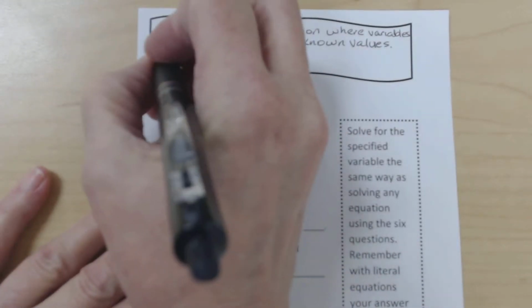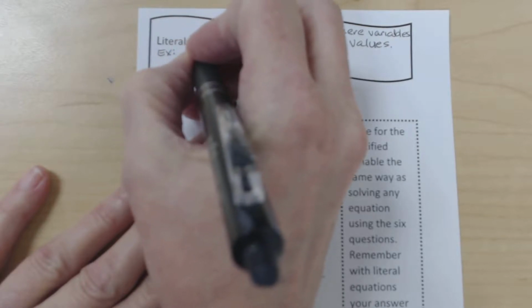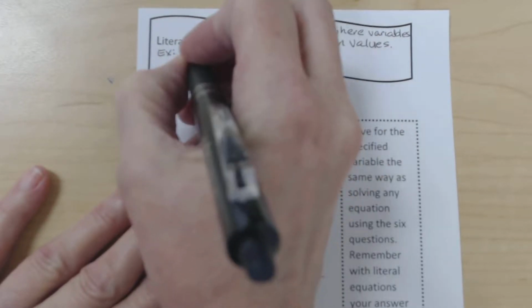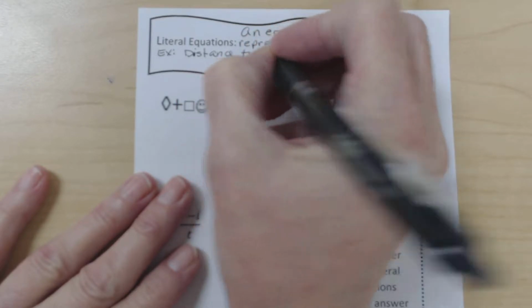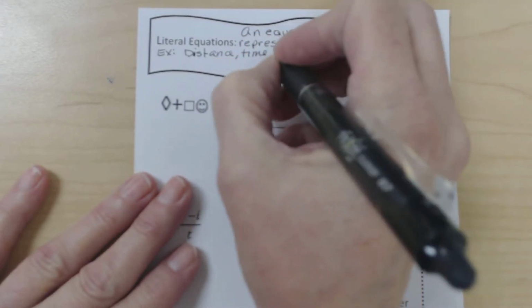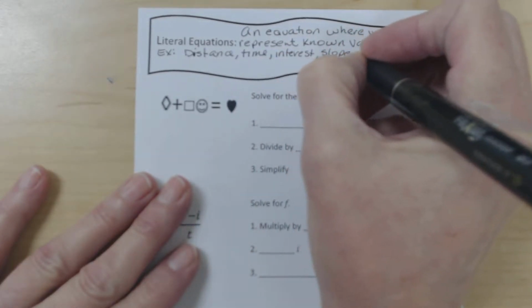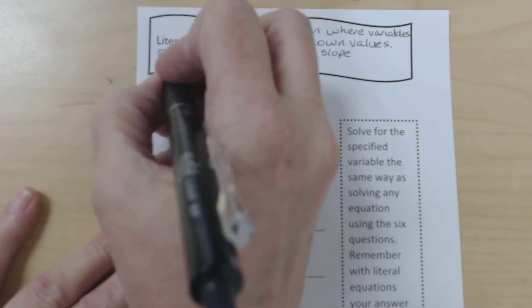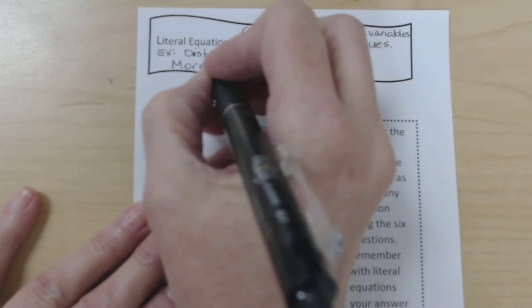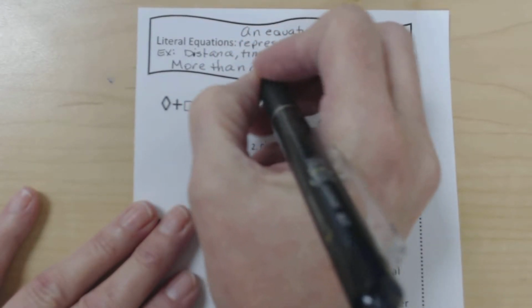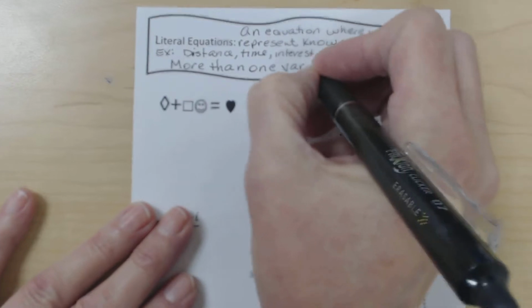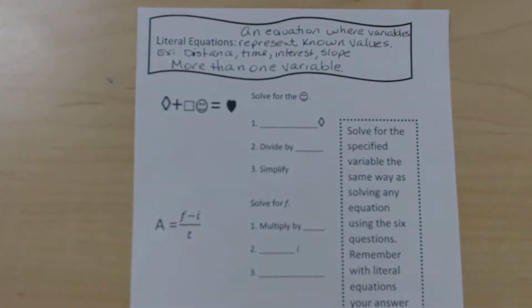An example would be distance, time, interest, and slope. Basically, they have more than one variable. So we have an equation where variables represent known values such as distance, time, interest, slope. There's usually more than one variable.